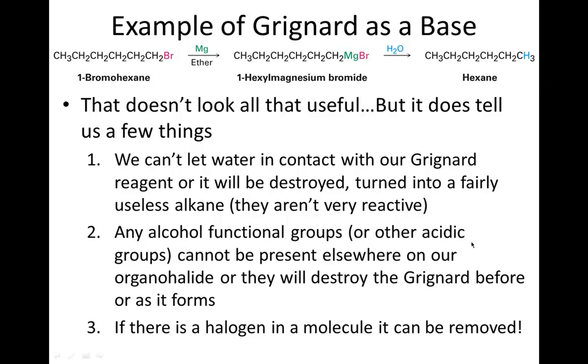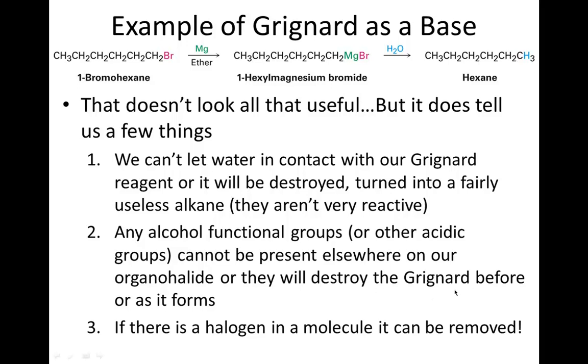Also, anything else that's fairly acidic, like an alcohol functional group, an amine functional group, or a carboxylic acid, will react with the Grignard and do an acid-base reaction with it. It doesn't have to be something that's nominally named acid. All kinds of things are more acidic than something with a pKa up in the 50s. So you just have to be aware of that.